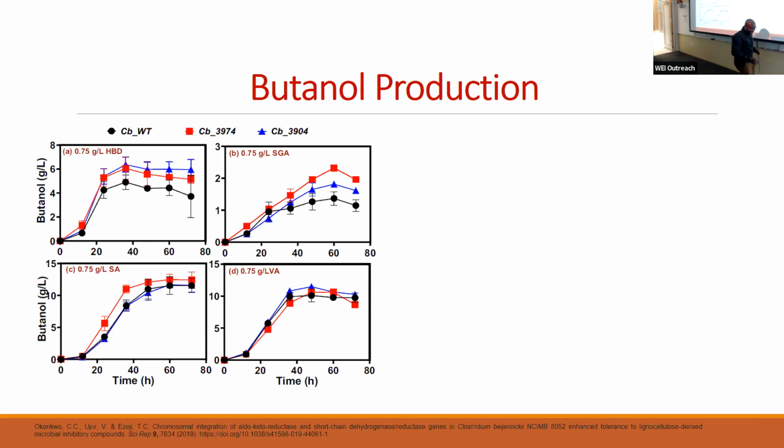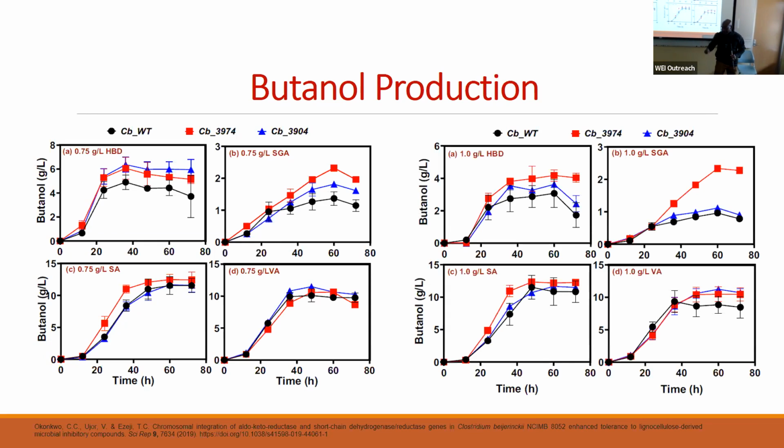So we took that a notch up to 1 gram per liter, which is similar to what you would find in your natural lignocellulosic hydrolysate. And you can see clearly with syringaldehyde, it performs significantly better, and it even does a little bit better with hydroxybenzaldehyde, a little bit as well with syringic acid, but not that much with vanillin. So it does appear that this enzyme plays an important role.